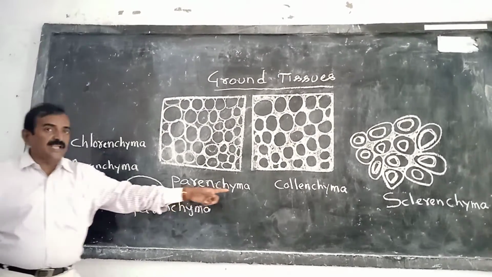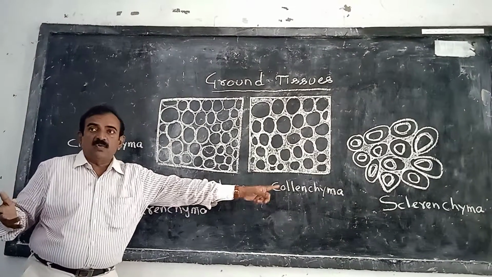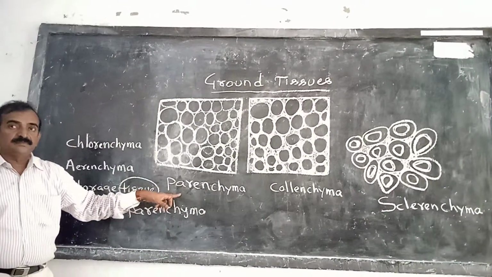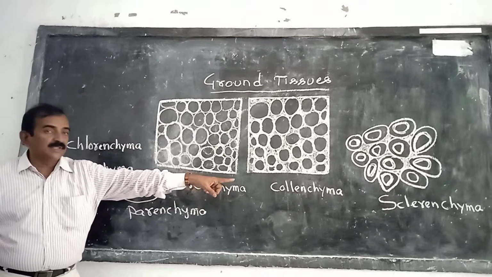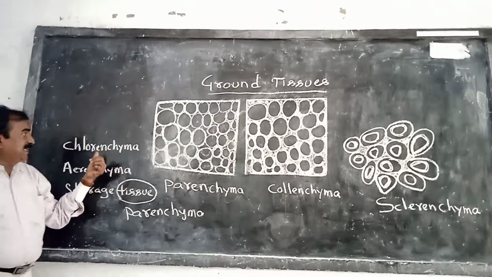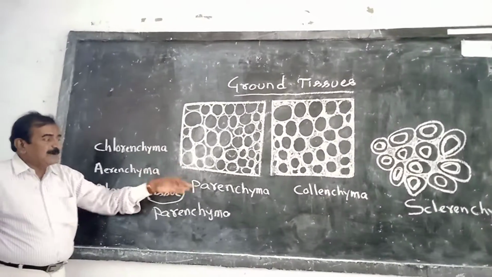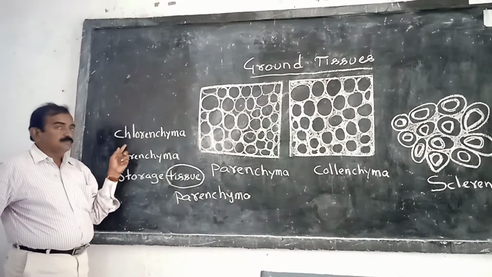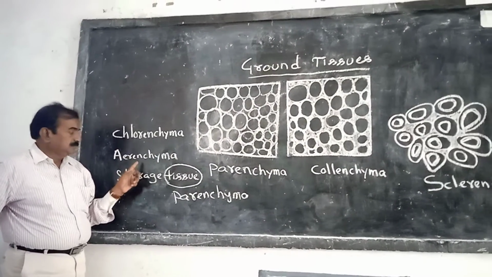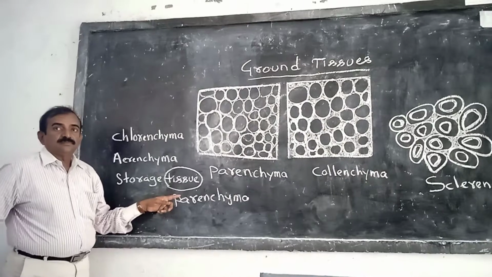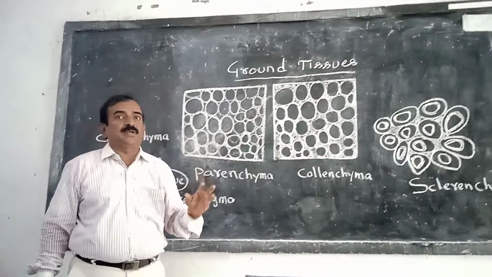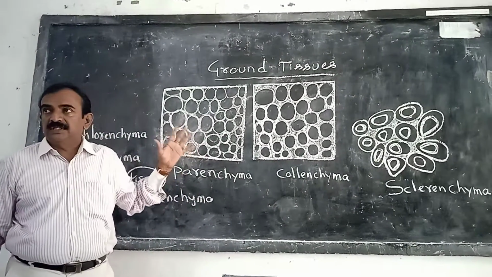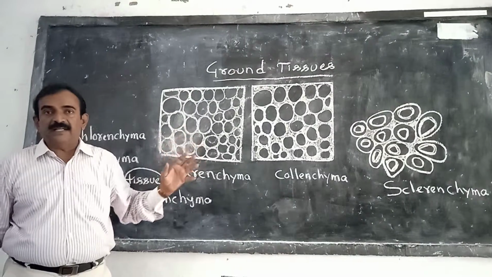Parenchyma, collenchyma, sclerenchyma. Name the different types of parenchyma tissue. Chlorenchyma, aerenchyma, storage parenchyma. Okay, this is a brief description about ground tissue, the third tissue of the plants. Thank you.